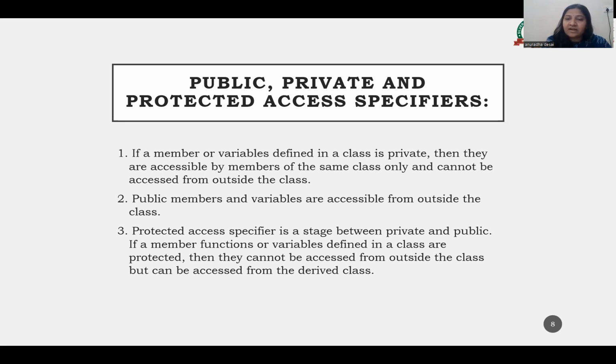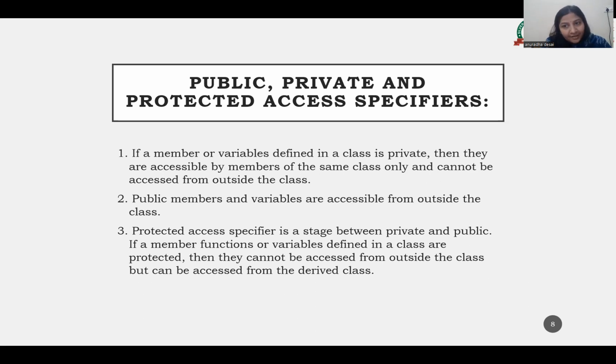So in general, I am explaining again. If it's a public mode, if we derive the subclass from a public base class, then the public members of the base class will become public in the derived class, and protected members of the base class will become protected in the derived class.